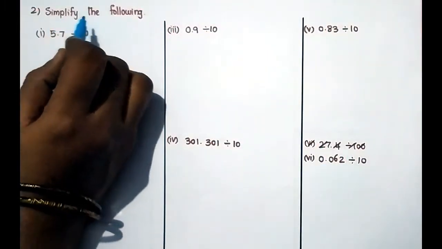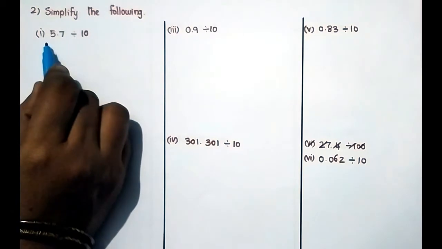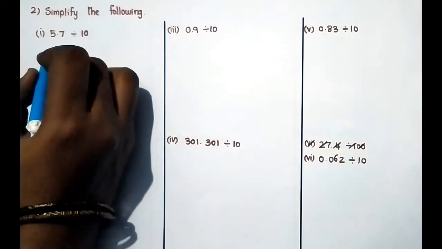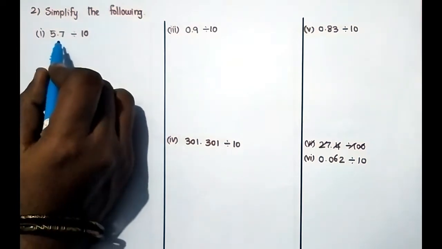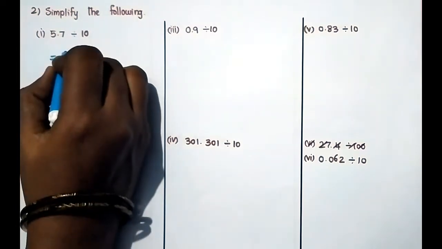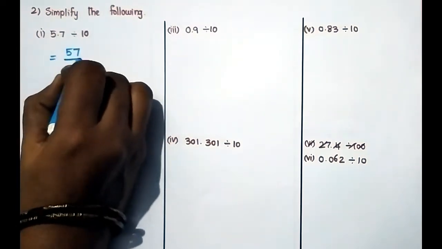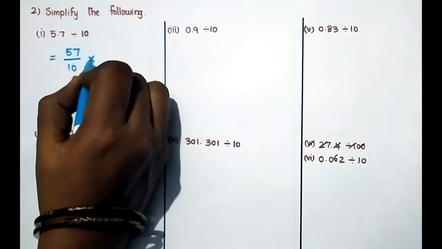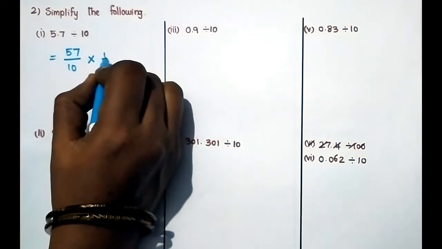Second sum, simplify the following. First subdivision, 5.7 divided by 10. Listen, write down in fraction form. So 57 by 10, and change into multiplication and take the reciprocal for that.